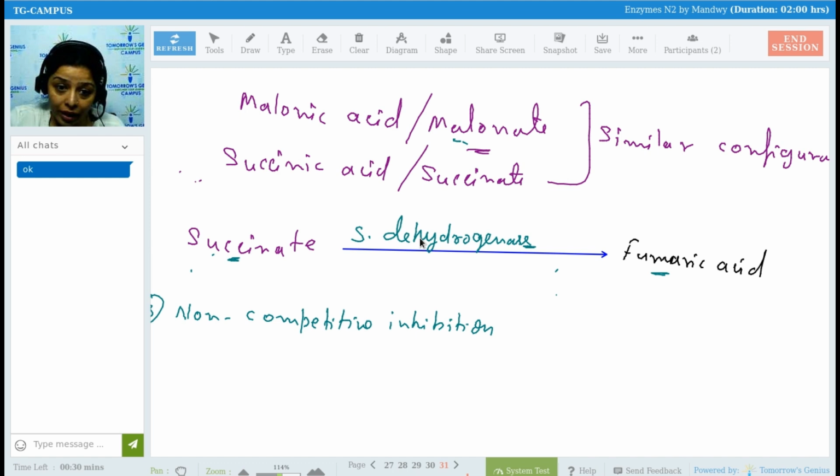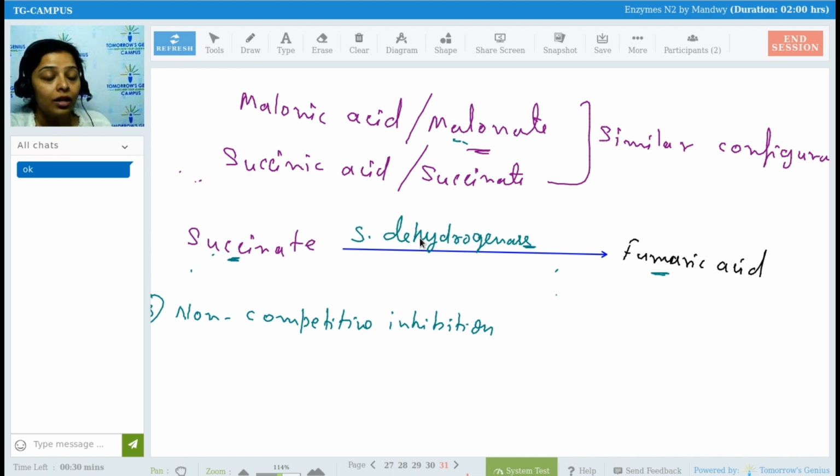They will bind with the enzyme at a site other than the active site. Are you getting me? It may be the allosteric site also. Because of this binding, the configuration will change, and once the configuration changes, the enzyme will not work properly.